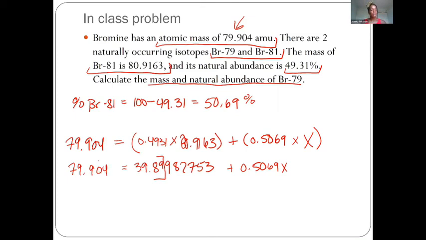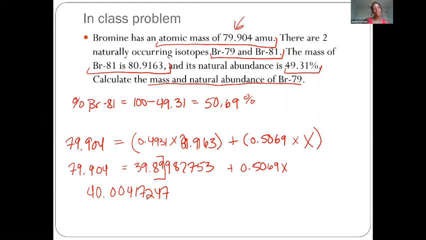So now we're going to take our answer and do 79.904 minus that answer, that 39.89, carrying all those numbers through. We end up with 40.00417247. Again, based off of significant figures, we would only have 4 that we're bringing through.